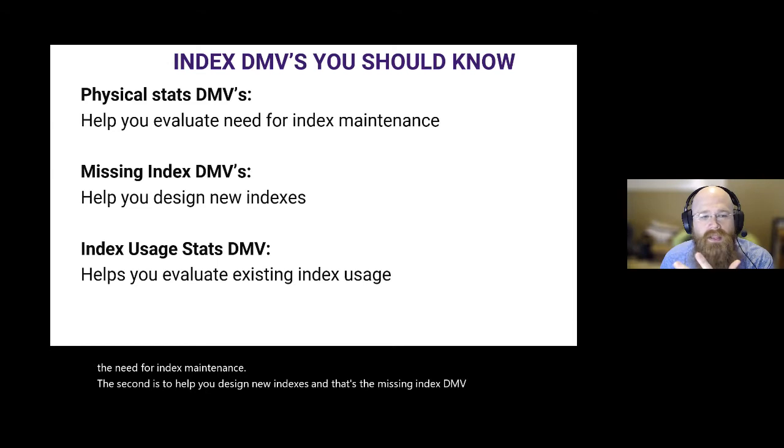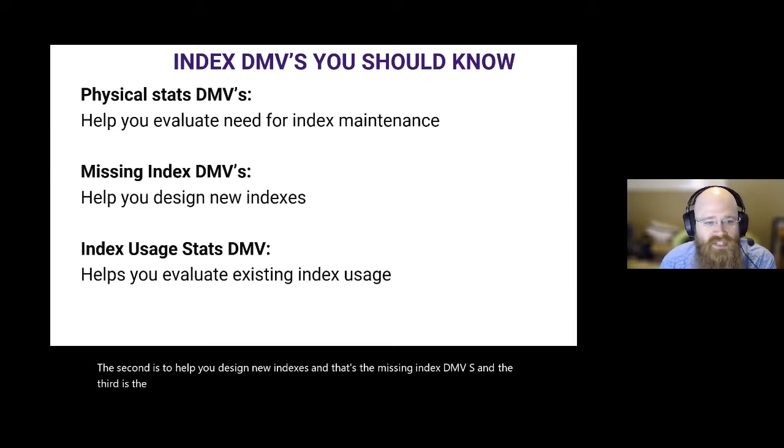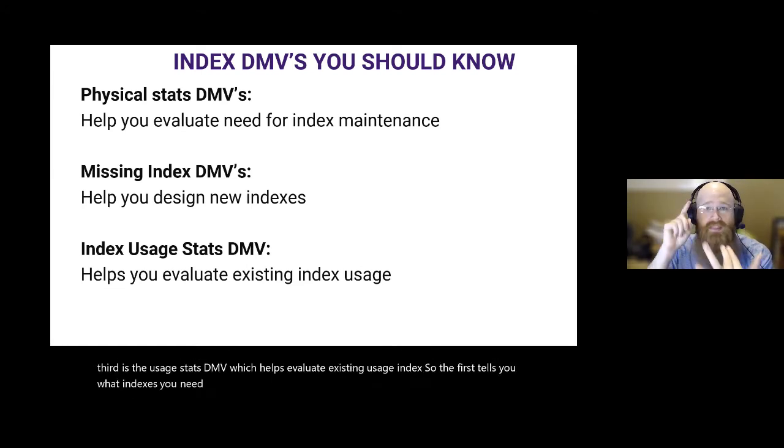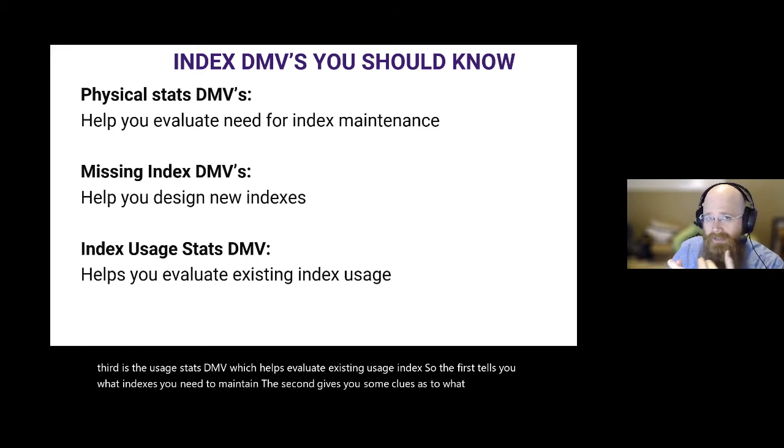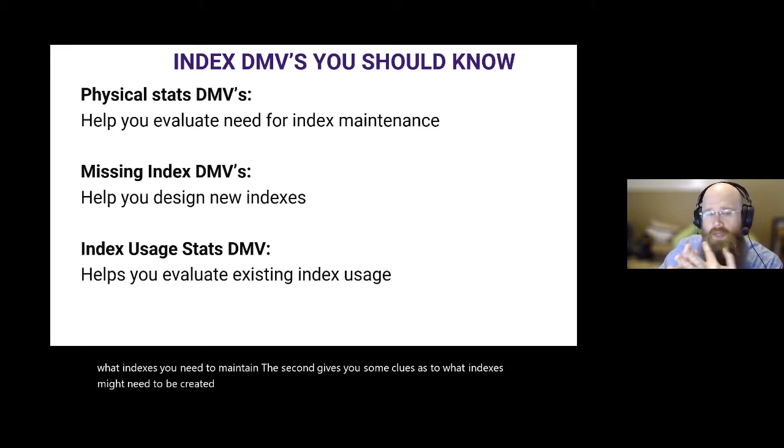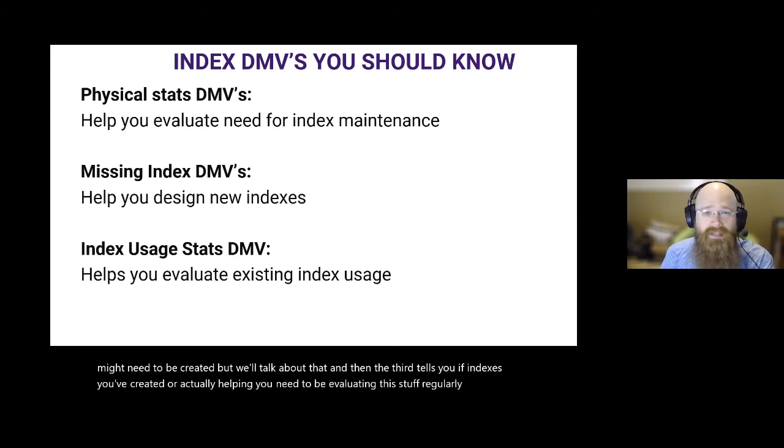And the third is the usage stats DMV, which helps evaluate existing index usage. So the first tells you what indexes you need to maintain. The second gives you some clues as to what indexes might need to be created, but we'll talk about that. And then the third tells you if indexes you've created are actually helping you. You need to be evaluating this stuff regularly inside your SQL Server, so let's dive in.